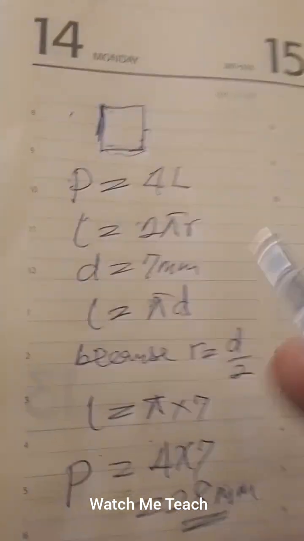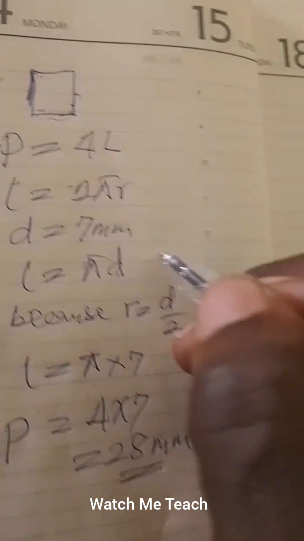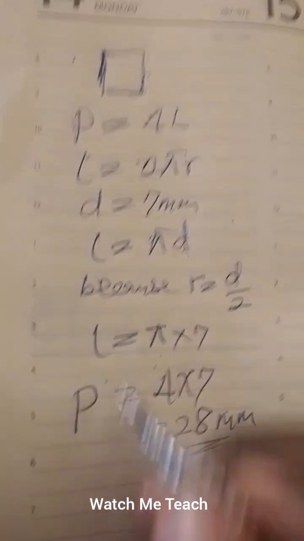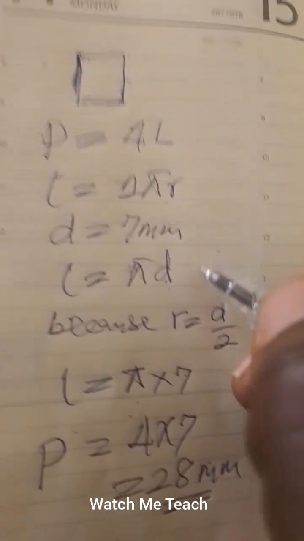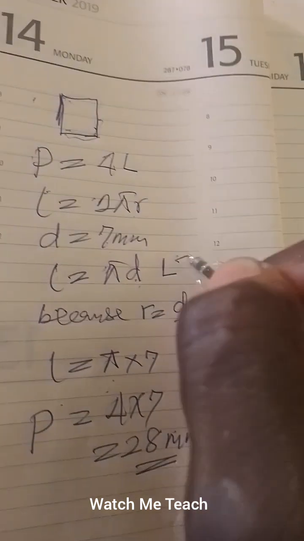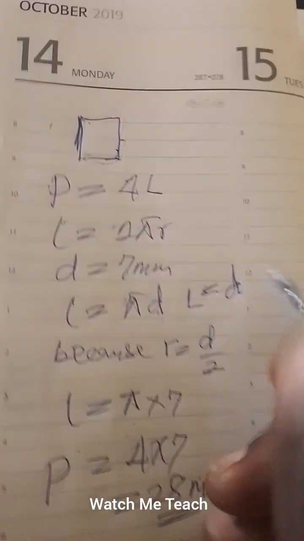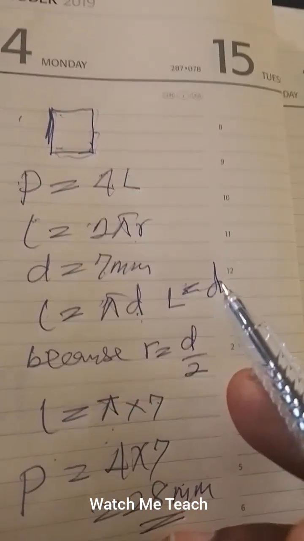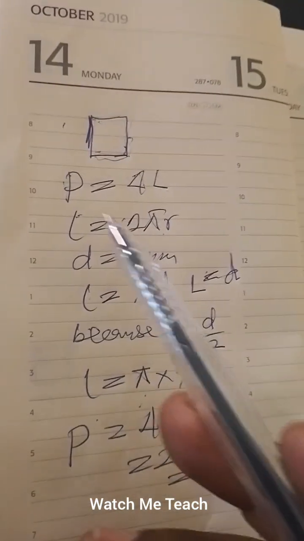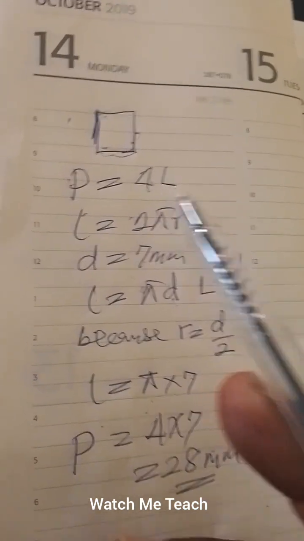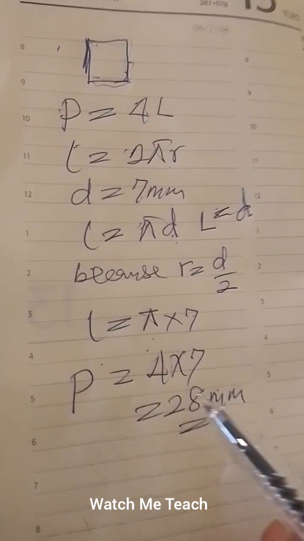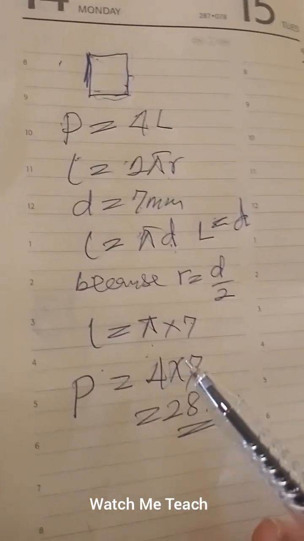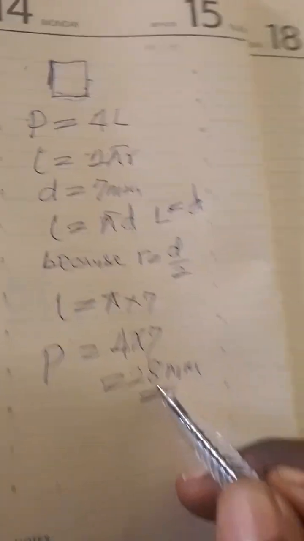Is that clear? So if I'm going to do it, let me write it here. L is equal to D. So the length is equal to the diameter. So in that case, we say P is equal to 4L, and our L is 7. So it means P is equal to 4 times 7, which is 28 millimeter.